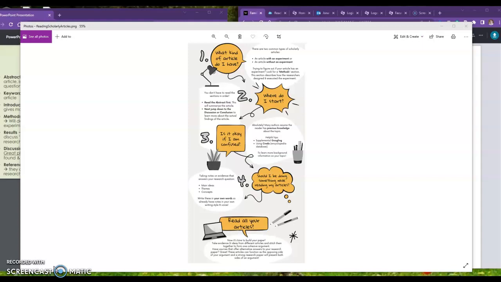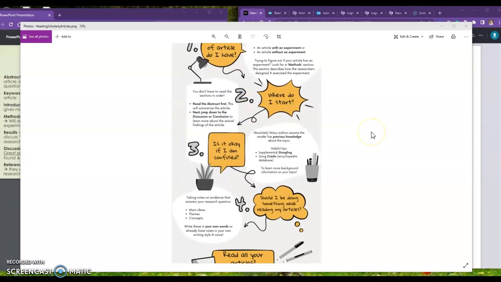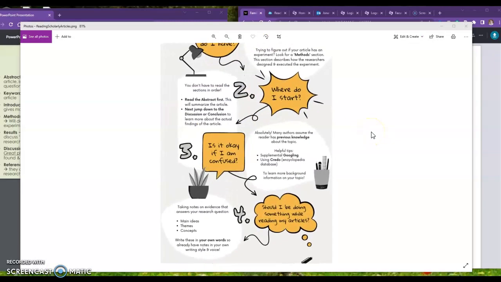Then you have your meat, or peanut butter and jelly, that goes inside the sandwich, and then you have the bottom piece. With the sandwich method, the abstract is the top bread piece. Remember, that's a summary of the article.